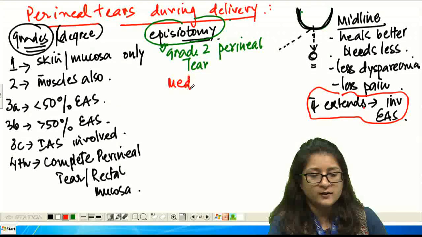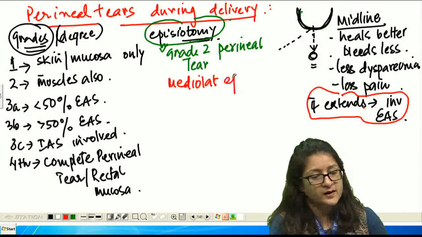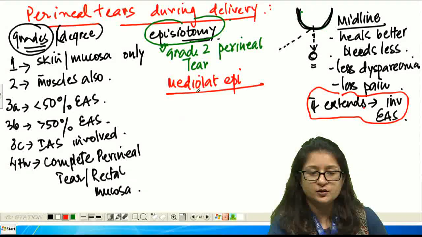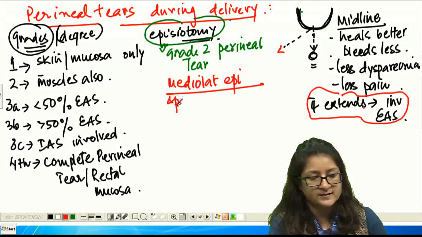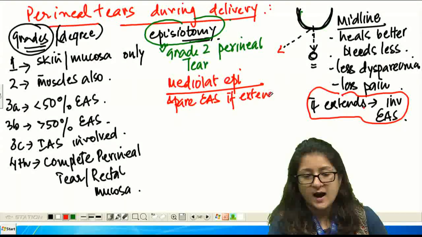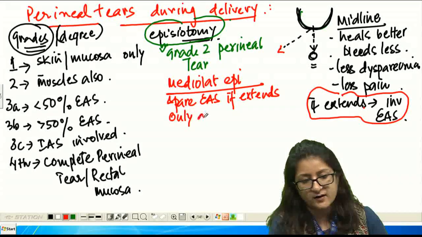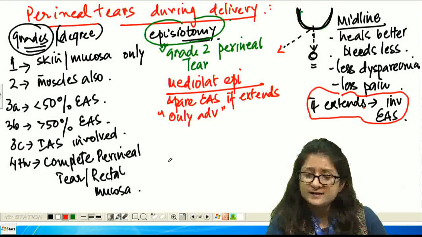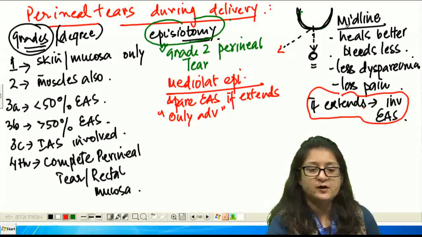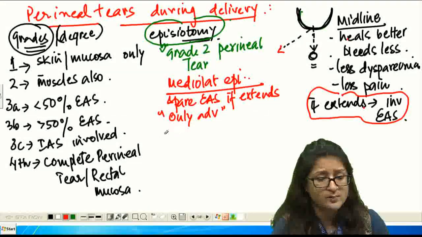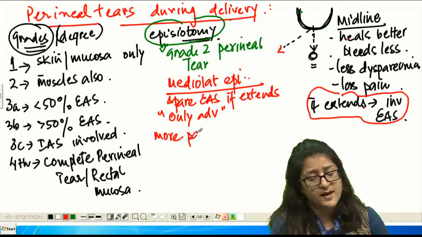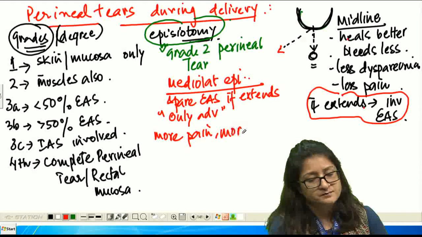If you talk about the mediolateral episiotomy on the other hand, if it extends, it is going to spare the external anal sphincter. This is the only advantage. Other than that, the mediolateral episiotomy bleeds more, it heals less well, it causes more pain, more bleeding.